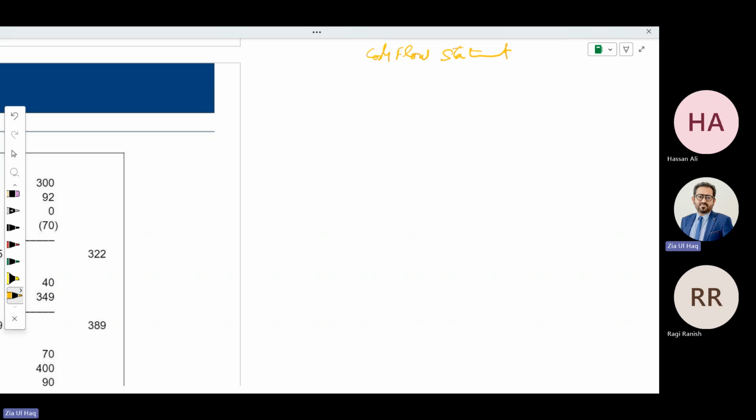For working, you can open an Excel sheet, but don't start preparing the cash flow in Excel, because there could be some adjustments, you might forget something, there could be total issues.